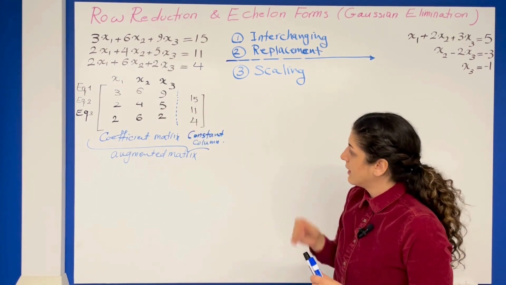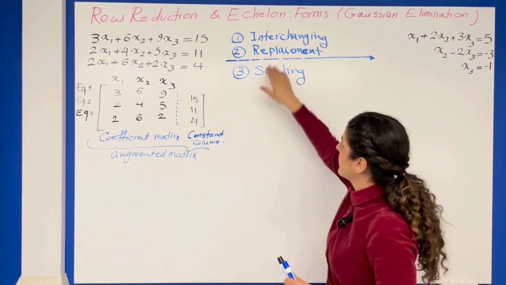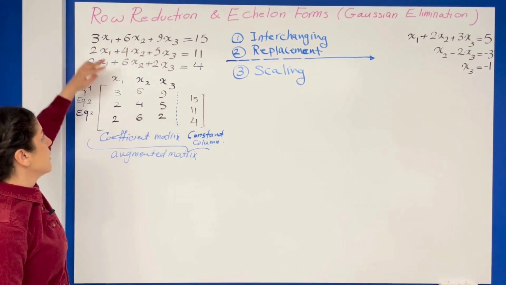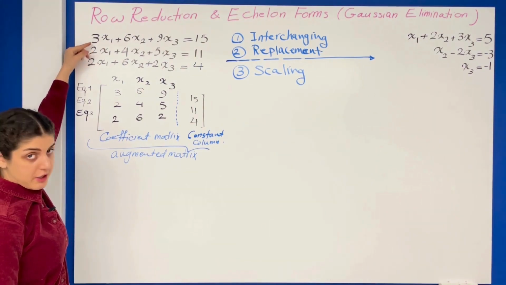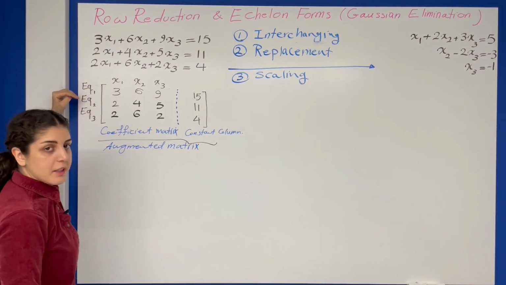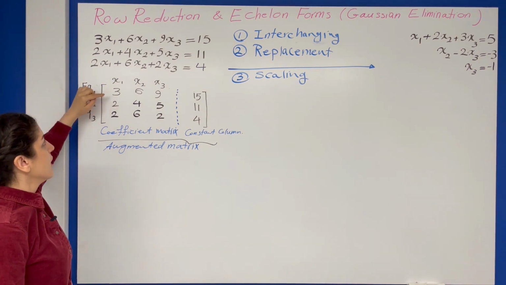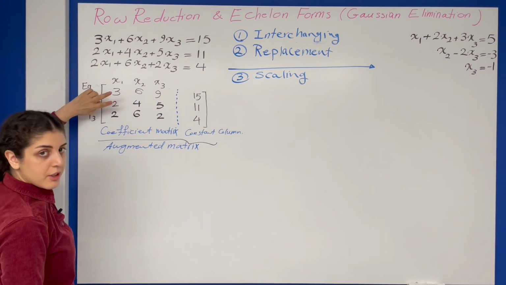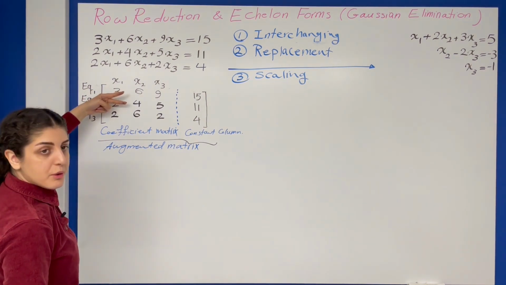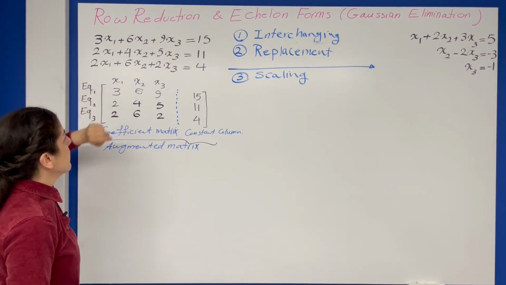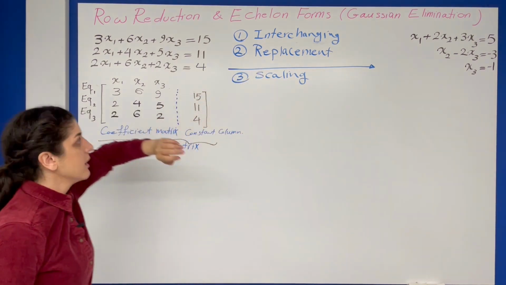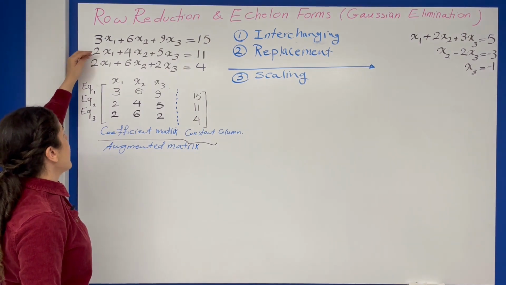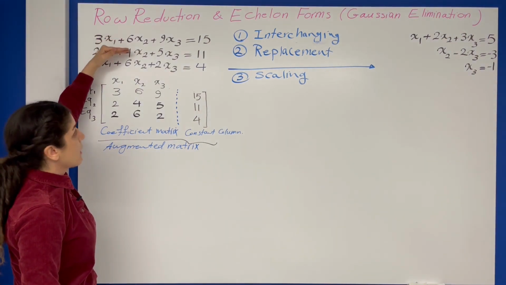Okay, so when I say interchanging, I mean that we can interchange two equations. In the matrix, each row corresponds to an equation, meaning that I'm allowed to swap two rows. And by replacement in the system, we know that it means we can add a multiple of one row to another row.